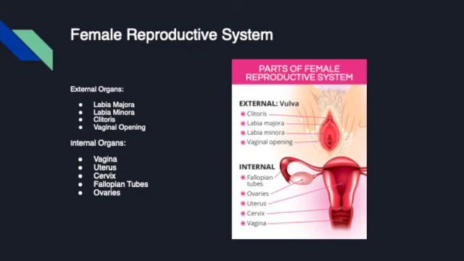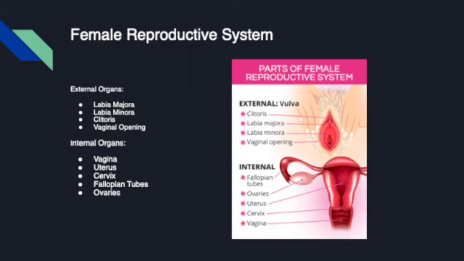Thirdly, we have the clitoris, which is a small sensitive organ located at the front of the vulva and is responsible for sexual pleasure. And fourth, we have the vaginal opening. And again, that is all demonstrated on the diagram to the right here.